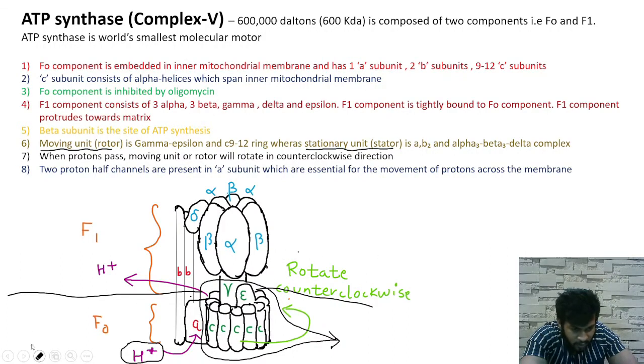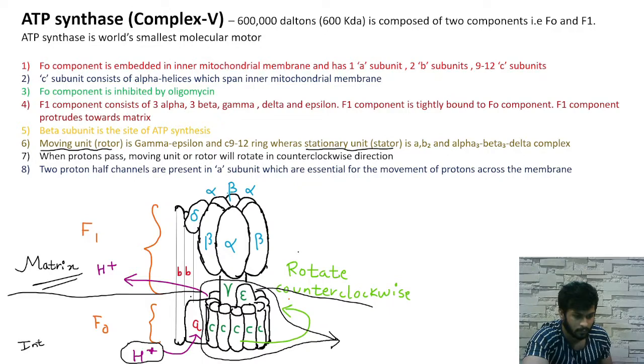Here the orientation is shown different. This H plus ion will be released in the matrix, and this is the intermembrane space. So from the intermembrane space, the proton will come and bind with the A subunit, due to which rotation of the C ring will occur, and also the gamma and epsilon ring.